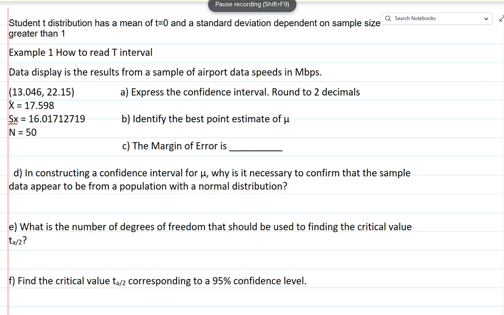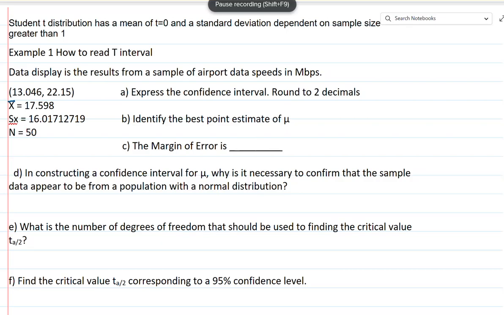X bar, and I didn't type the bar in, sorry about that, is 17.598. The sample standard deviation is 16, and that very long number, which we're going to say is 16.200. And the N of the sample is 50. And that's with a degree of freedom.